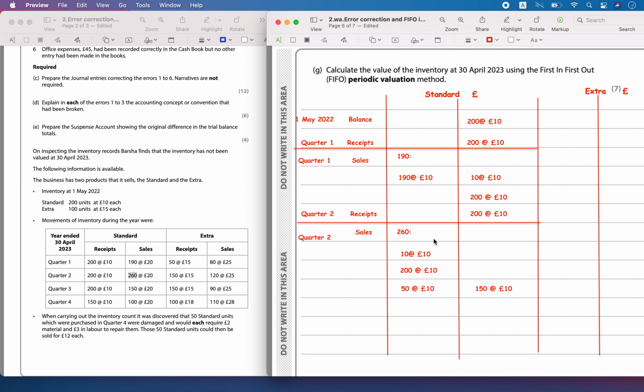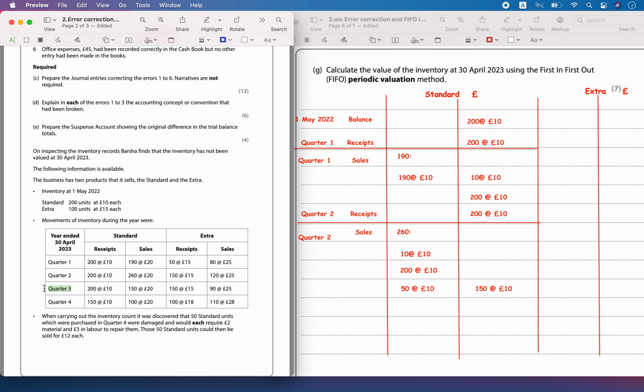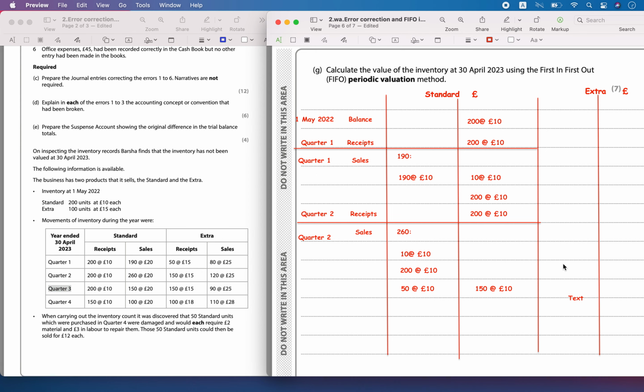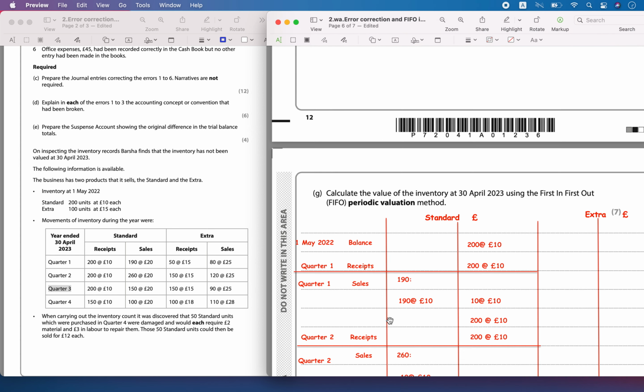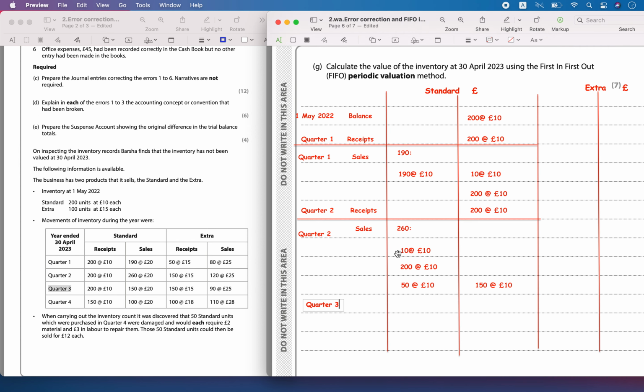Next there were some more receipts. In quarter 3 the purchases were 200 at 10 pounds.